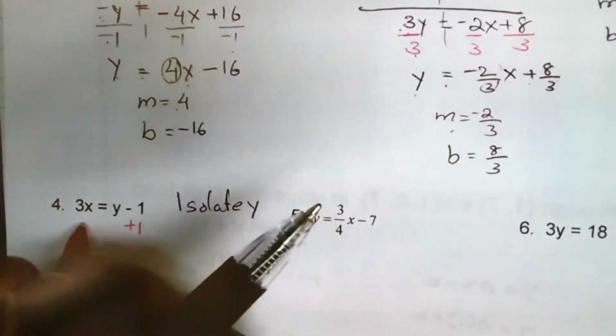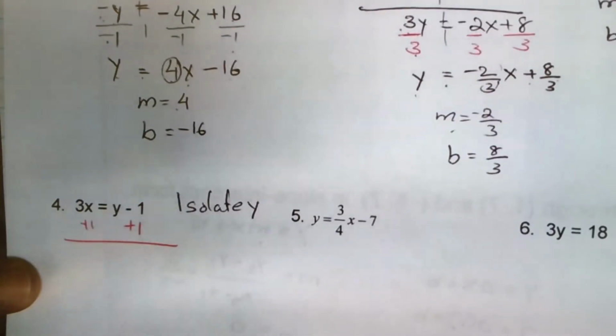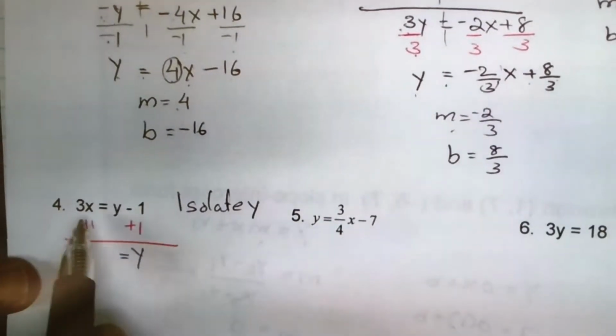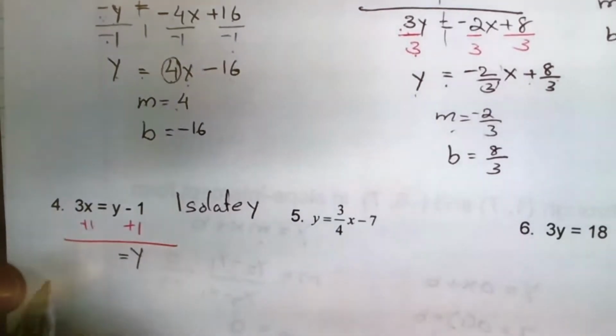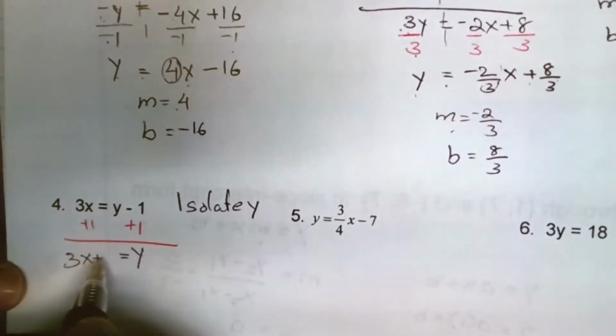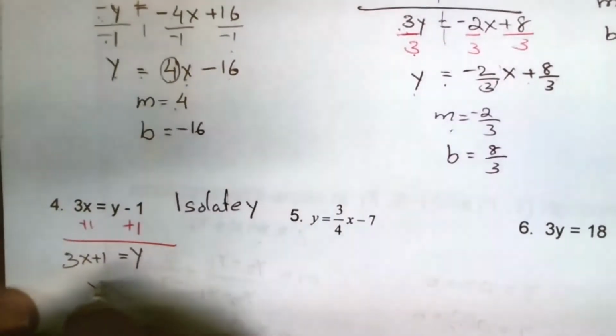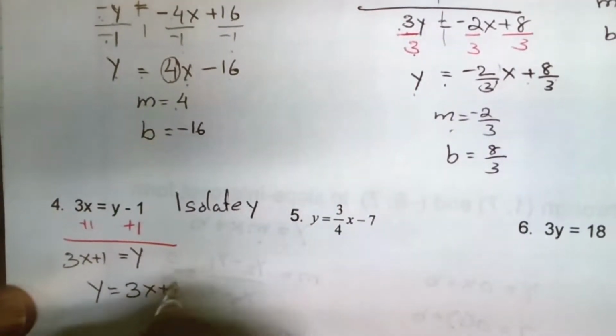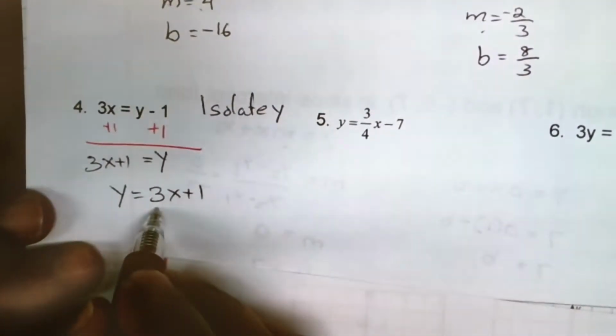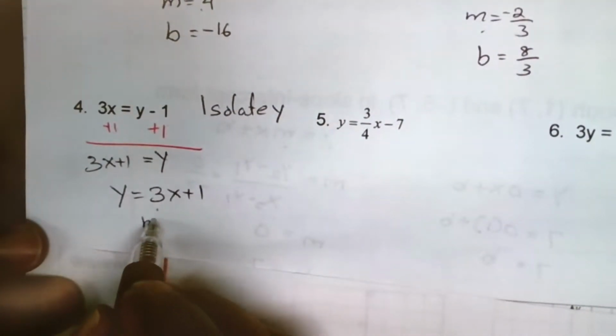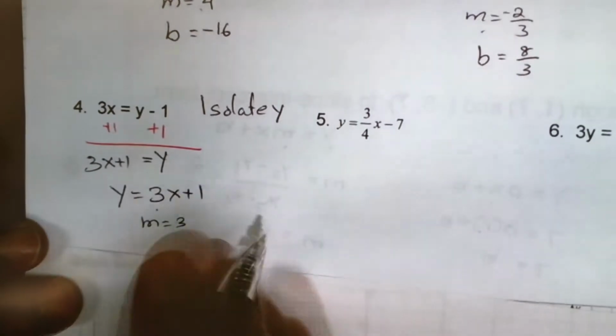So plus 1 on both sides. So I'll get y is equal to, I cannot add 3x plus 1, they're unlike, so just write down 3x plus 1. Now y is isolated, so y is equal to 3x plus 1. So I have the slope m is 3 and the y-intercept b is 1.